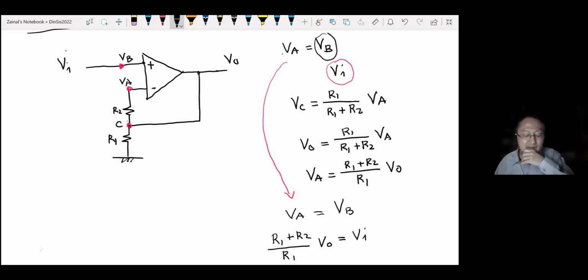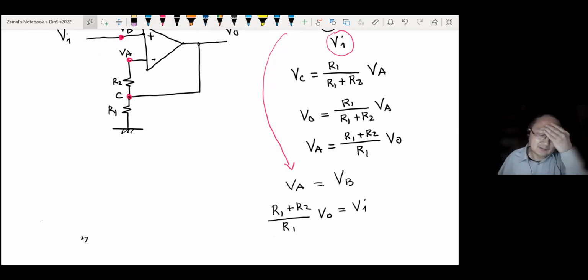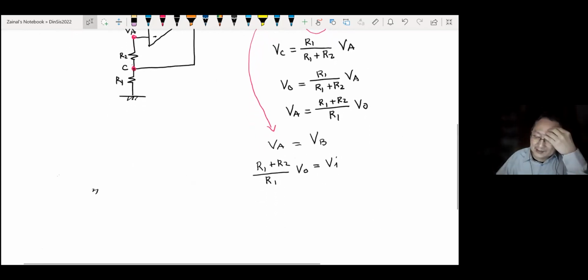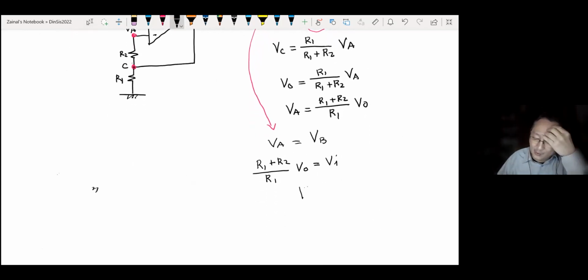Okay, so I think I made a mistake again. Basically, VO is equal to VR times R1 divided by R1 plus R2 multiplied by VR.